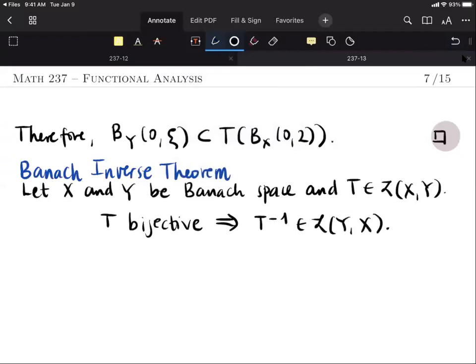We utilized this in the previous lectures, where we have shown that the set of all bijective linear maps forms an open subset of the space of bounded linear operators. So for bounded linear operators, if you have a bijective map, then the inverse is also bounded.